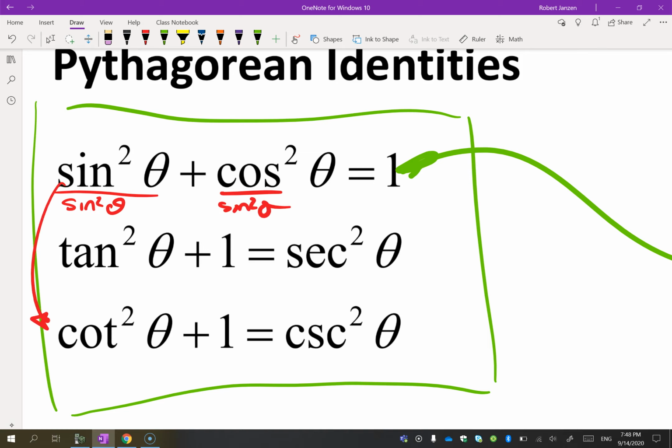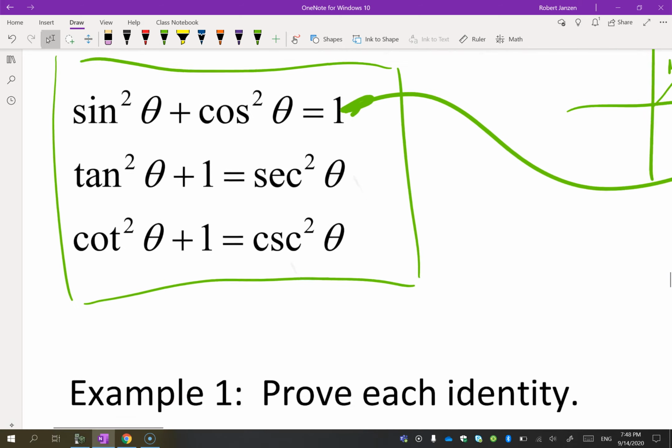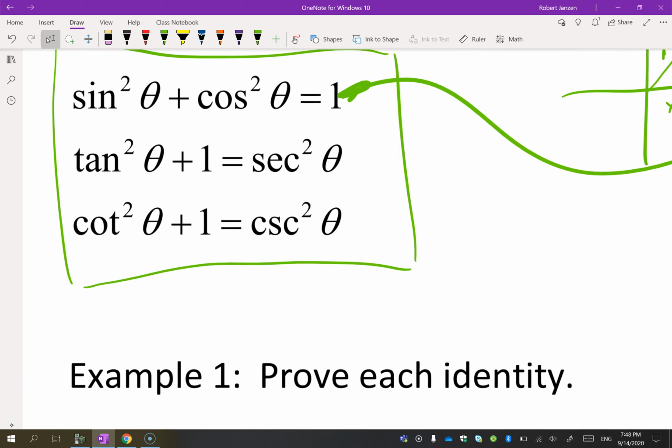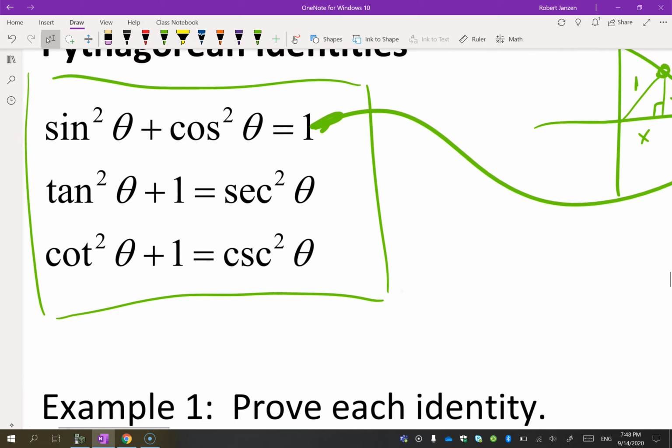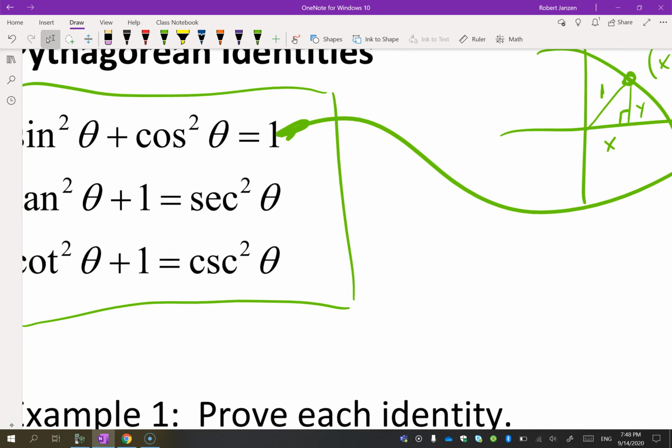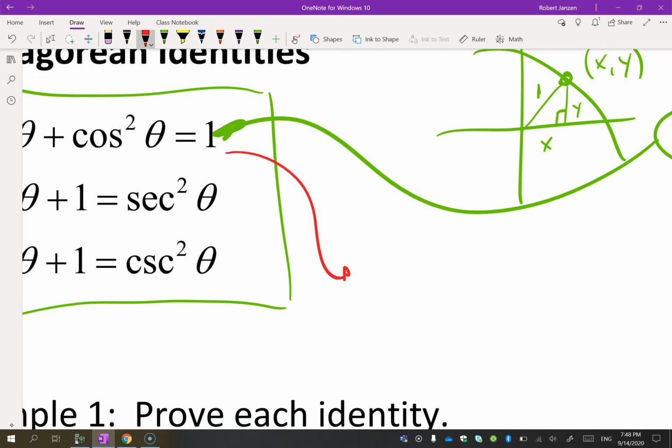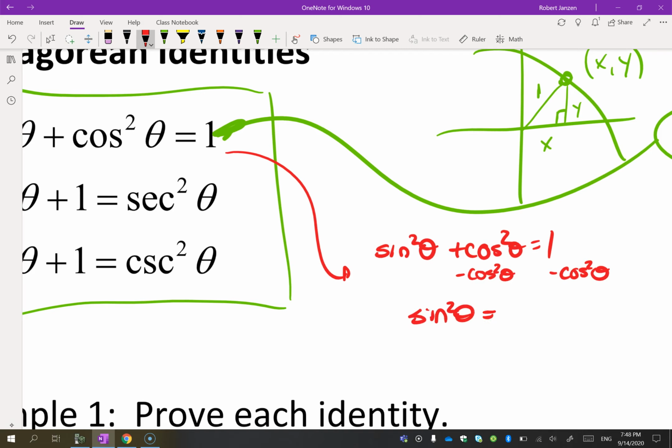Those are three identities that I hope we're going to memorize. I believe they're on your formula sheet. But from them, there's one more that you need to know. If we take a look at sine squared plus cos squared equals 1, if I were to take away cos squared from both sides, sine squared equals 1 minus cos squared.